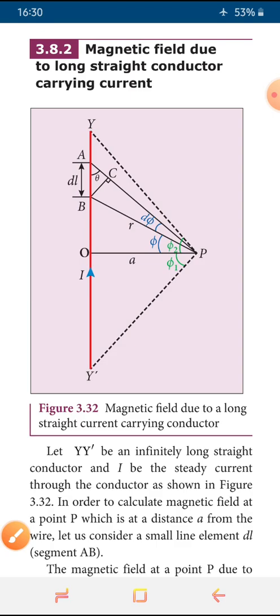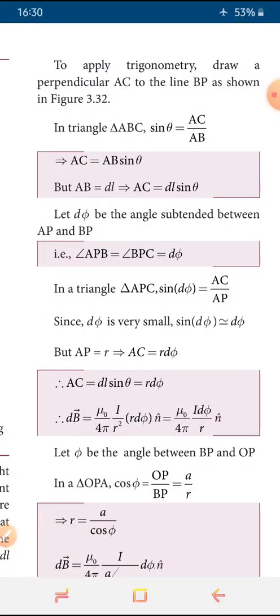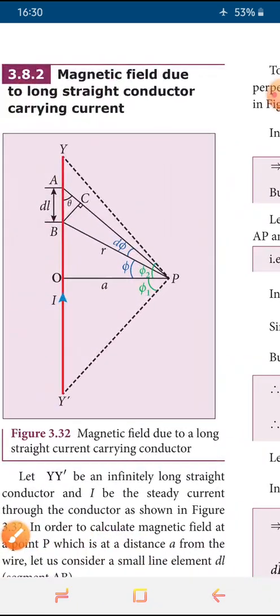In this triangle ABC we are going to apply the sin theta formula. What is sin theta? It is opposite by hypotenuse. In the triangle ABC we write the opposite, that is AC, divided by AB.